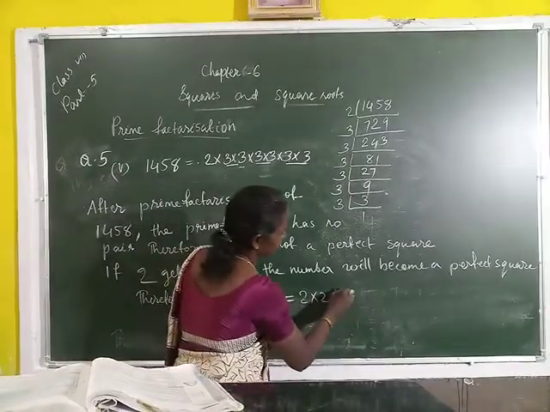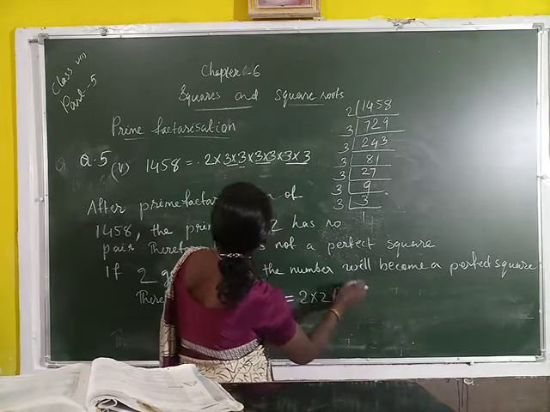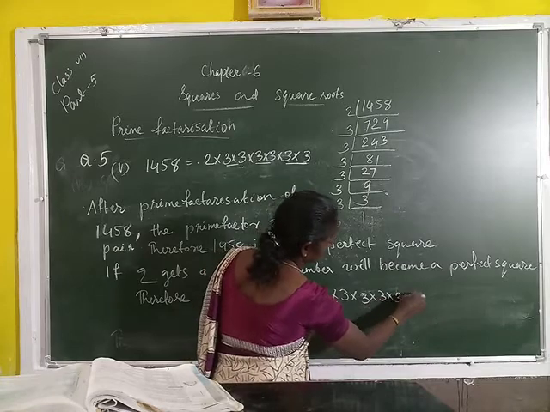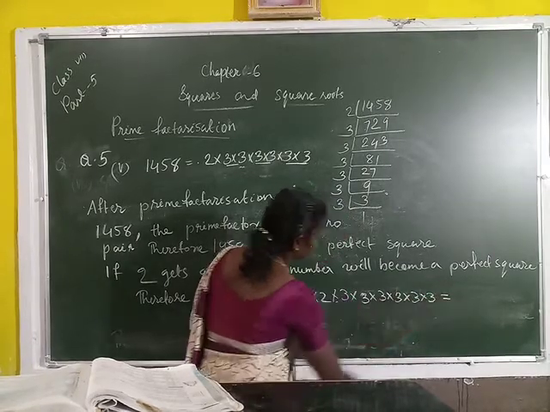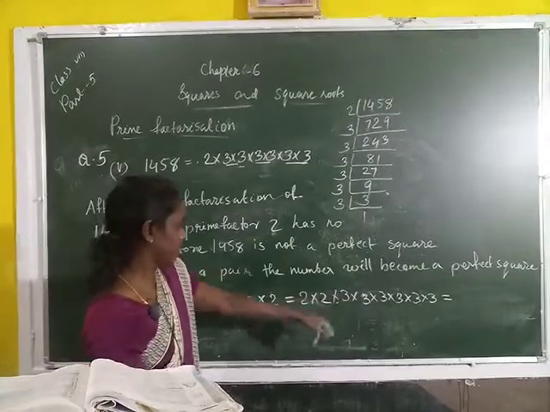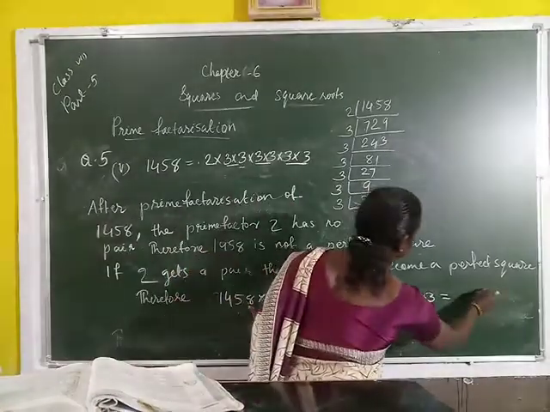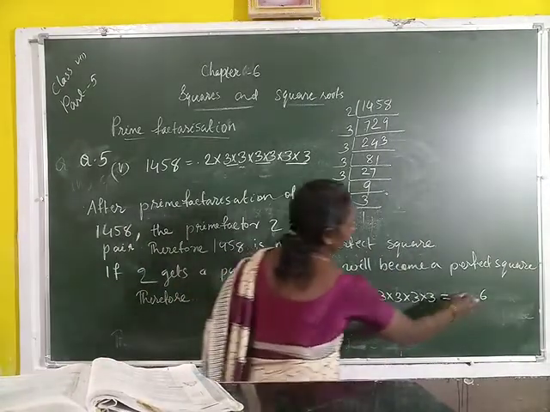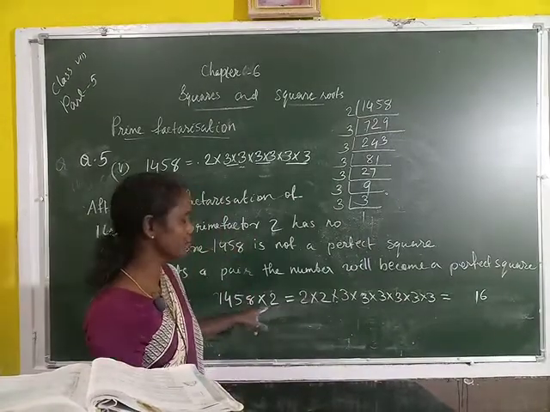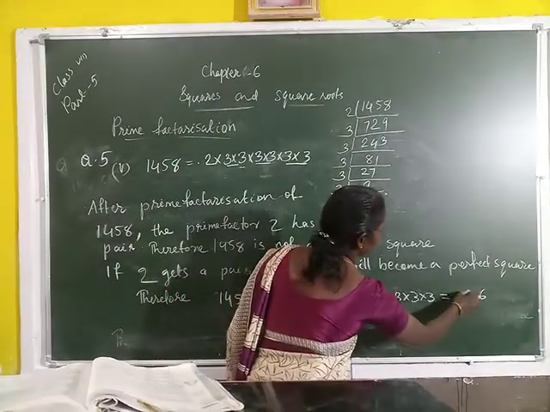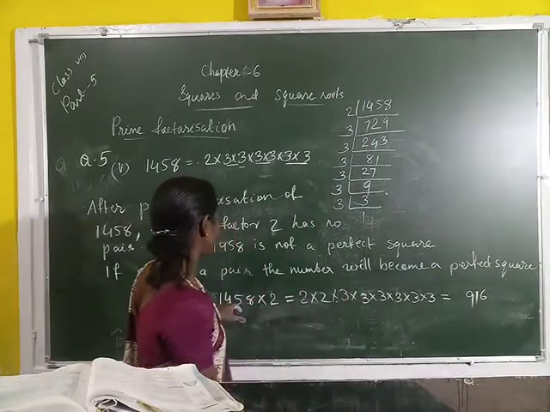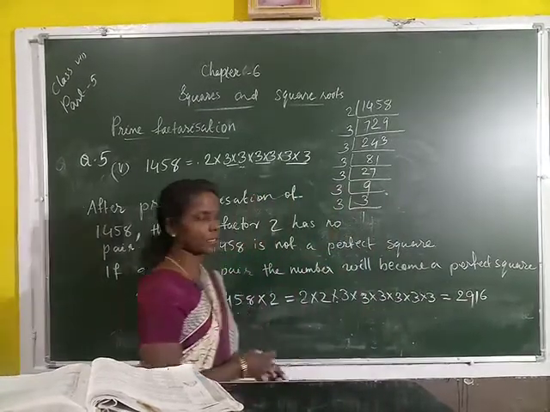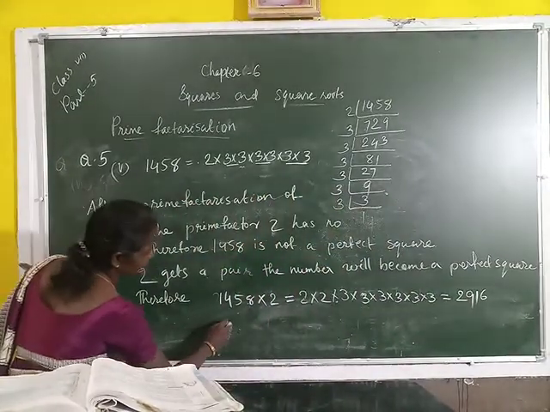Then 3 into 3 into 3 into 3. So the number is 2916.